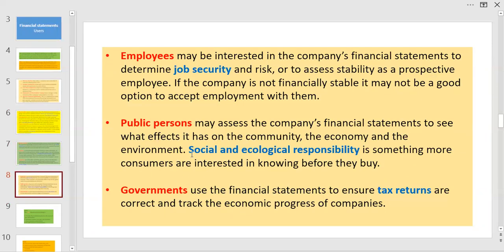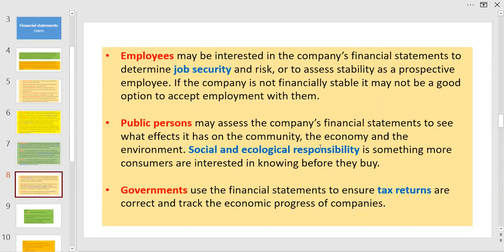Members of the public are more concerned with social, ecological, and environmental issues. Users are not confined to the few groups mentioned here. There are other users like consultants, research users, chambers of commerce, trade organizations, people who gather statistics, etc.